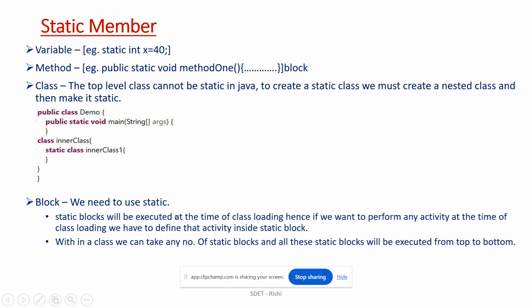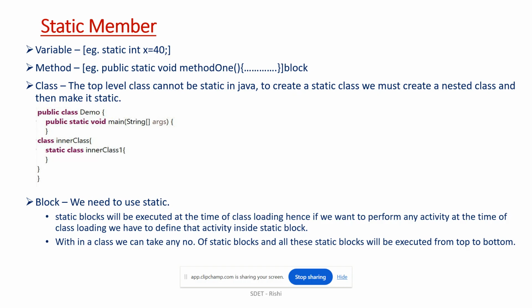A static block will be executed at the time of class loading. Whenever the class is loading, our static block will be executed. If we want to perform any activity at the time of class loading, we have to define that inside a static block. It happens in the real world. I want to execute something before loading of the class, at the time of loading the class.